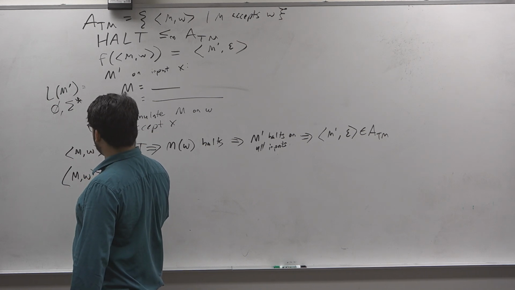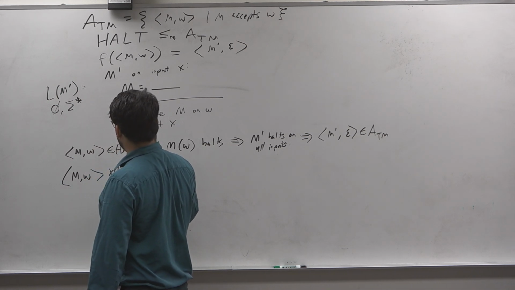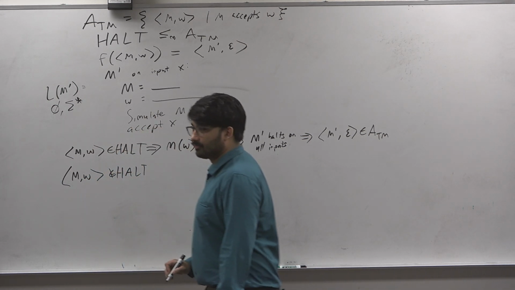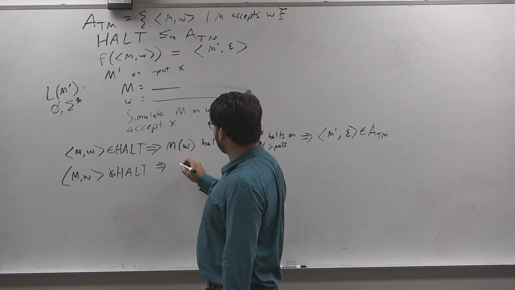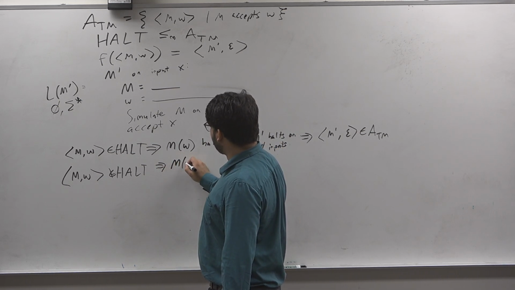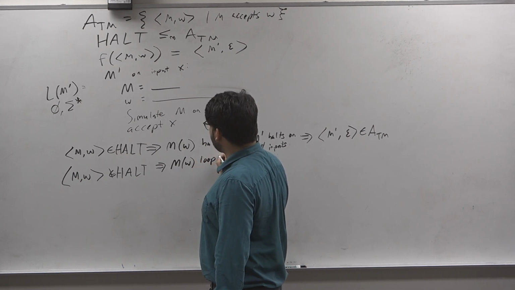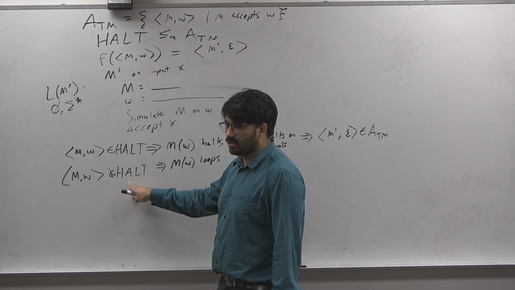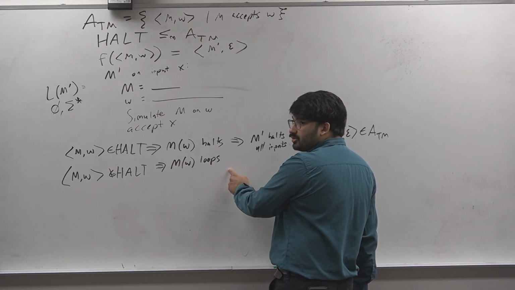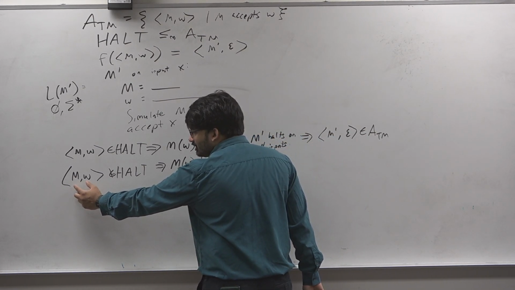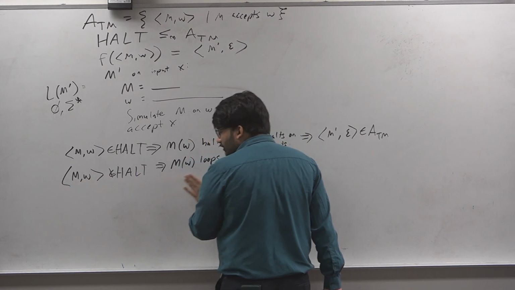Okay. Now suppose the input was bad. Suppose M comma W is not in halt. Then we know that M on W loops. If this string is not in this language, then we know that M on input W loops. Notice how we're connecting an idea of a syntactic object to a semantic property.